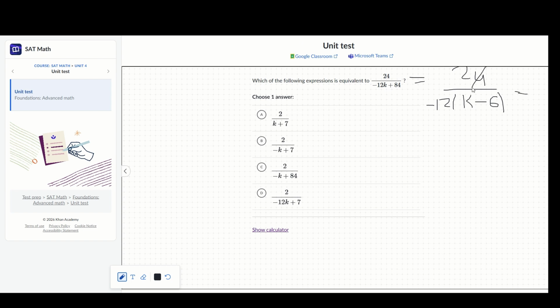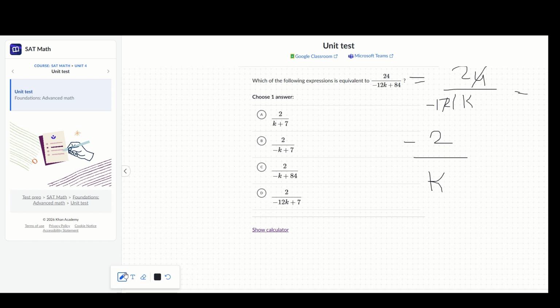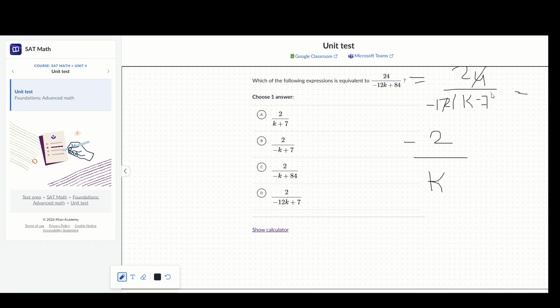It would be minus 2 over k. I'm sorry for the mistake I made here. It would be minus 7 here, and we have minus 7. So do we have such an answer? Yes, we have, but they apply the minus sign to this one, minus k plus 7. The answer would be B. Let's check it.